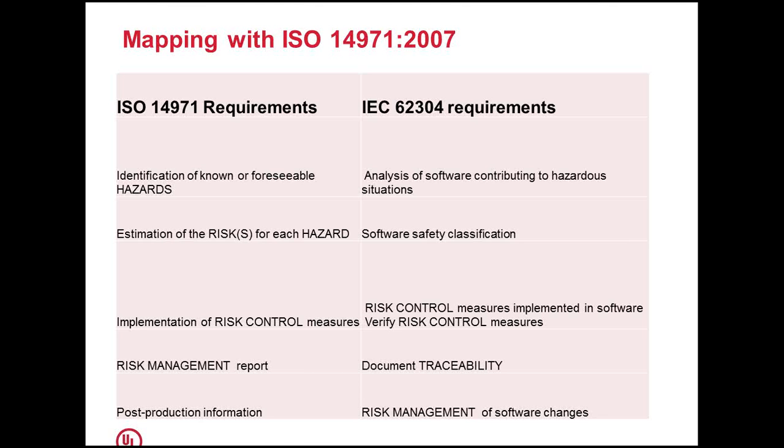Risk management report: here it talks about the traceability of the requirements, where you need to identify the critical requirements and then demonstrate how it has been considered down the line in the design, how it is verified, and the report references.